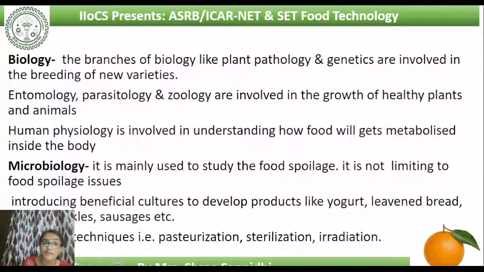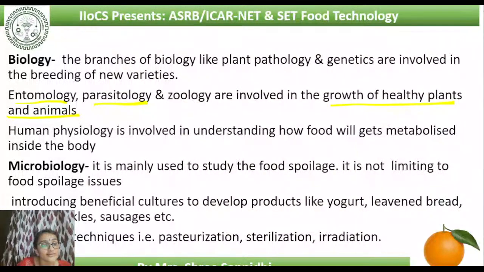Then the study of entomology and parasitology: these are basically the study of insects and parasites which affect our food products and their shelf life. If we have the proper knowledge, we will be able to make sure that the growth of healthy plants and animals is achieved.